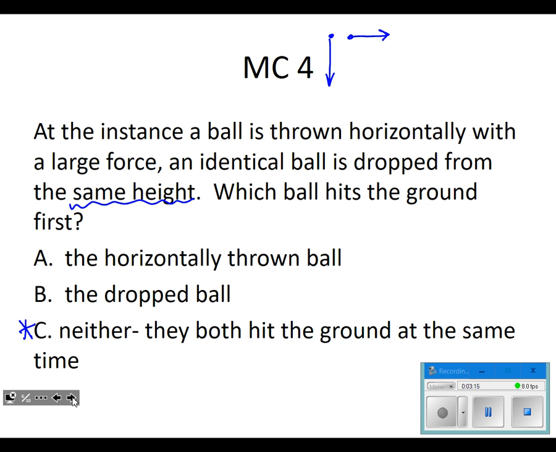We did a Mythbusters bullet fired as well as a cue ball that was dropped and shot, and we saw how they all landed at the same time. So if they come from the same height, they're going to hit the ground at the same time. And that's because of the formula t equals the square root of 2 dy divided by a. They have the same acceleration, they have the same dy, so their time in the air is the same.